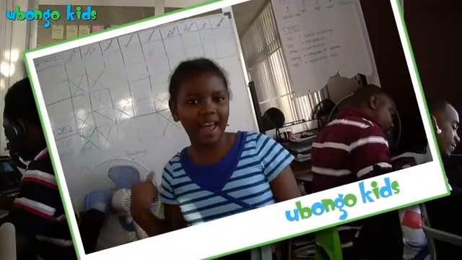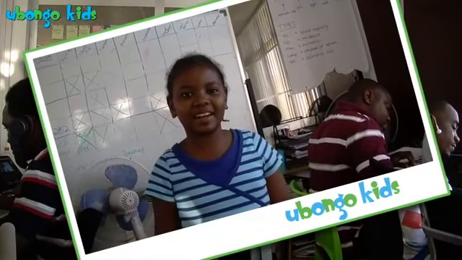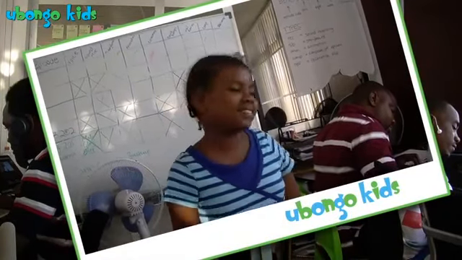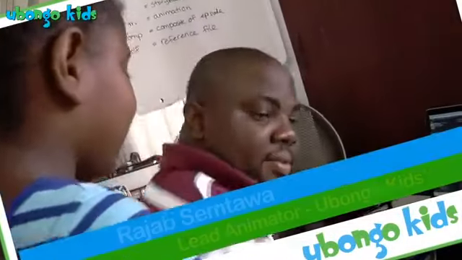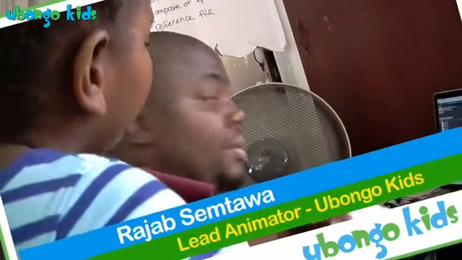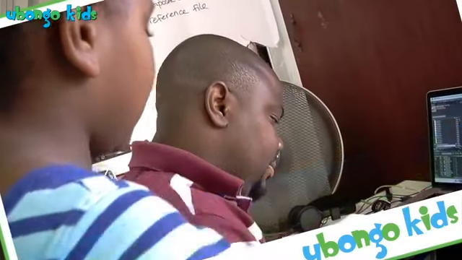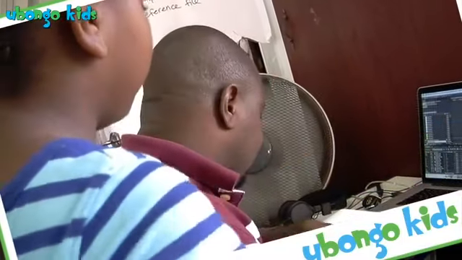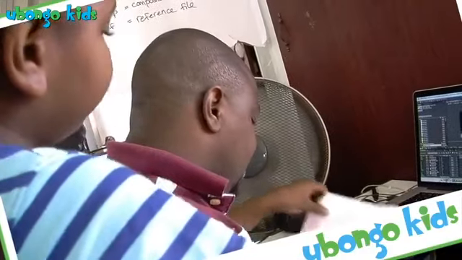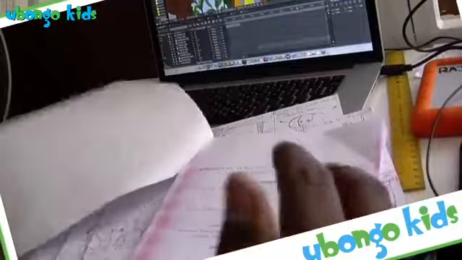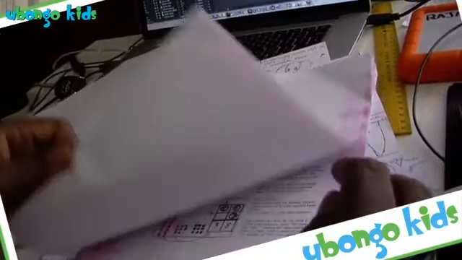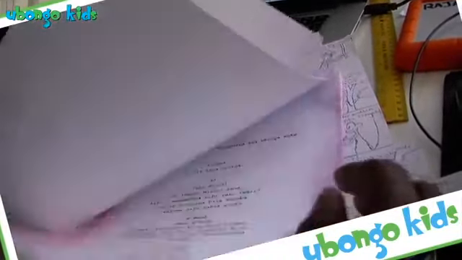These are the Ubongo animators, and they're the people that take our voices into the cartoons. Hi, Rajab. Hi Melody, how are you? Fine. So Rajab, can you please show us how you take our voices and animate them and put them into the cartoon? Okay. First of all, we start with the script. After the script has been developed, we prepare the storyboards.